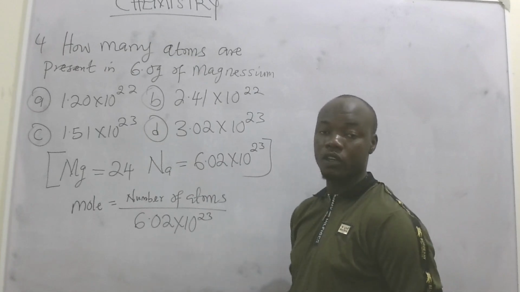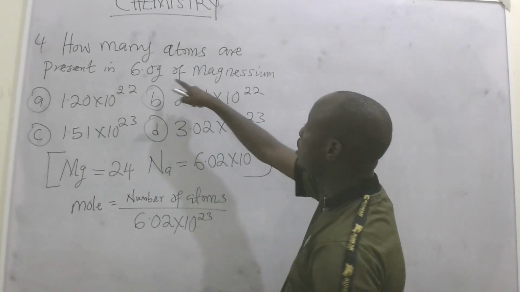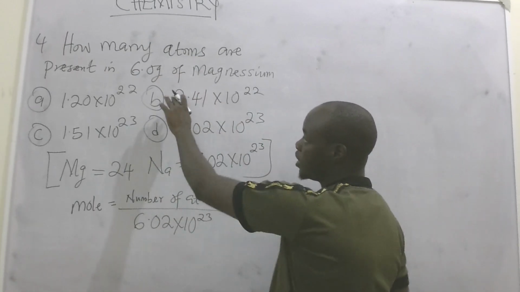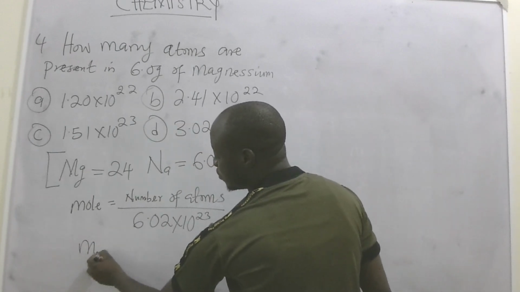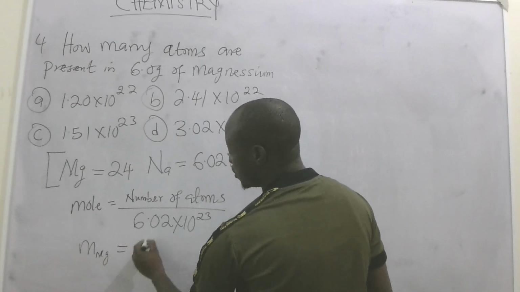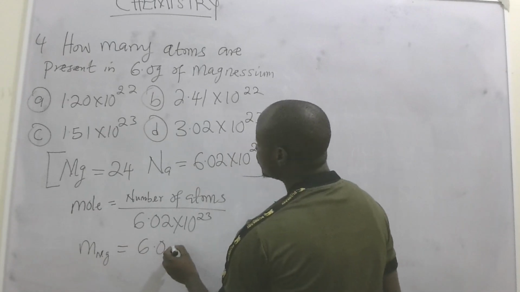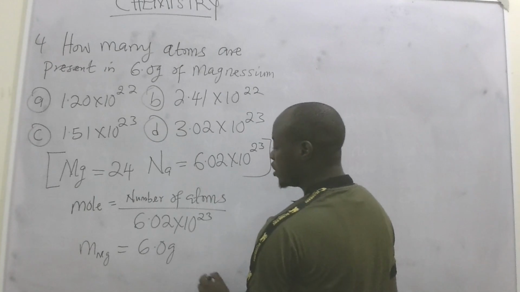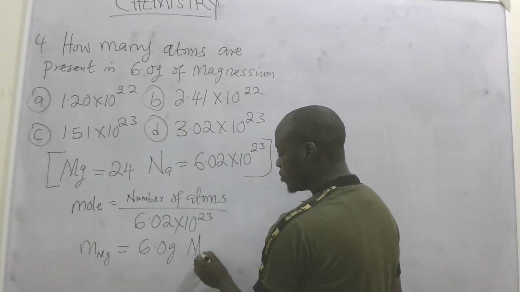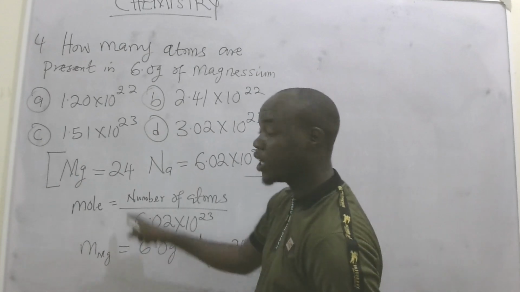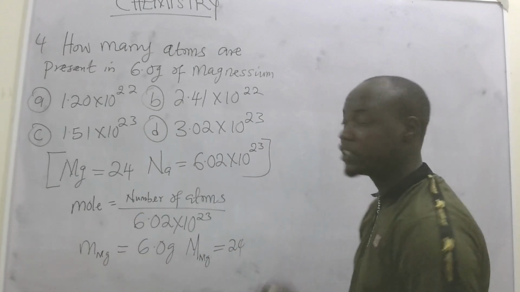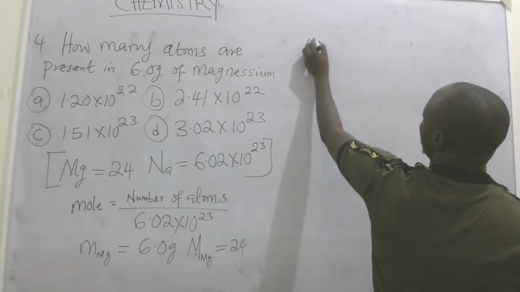Specifically here, we don't have the number of moles, but we have the mass of magnesium, which is 6.0 gram, and the molar mass of magnesium, which is 24. So we have to calculate the mole first.